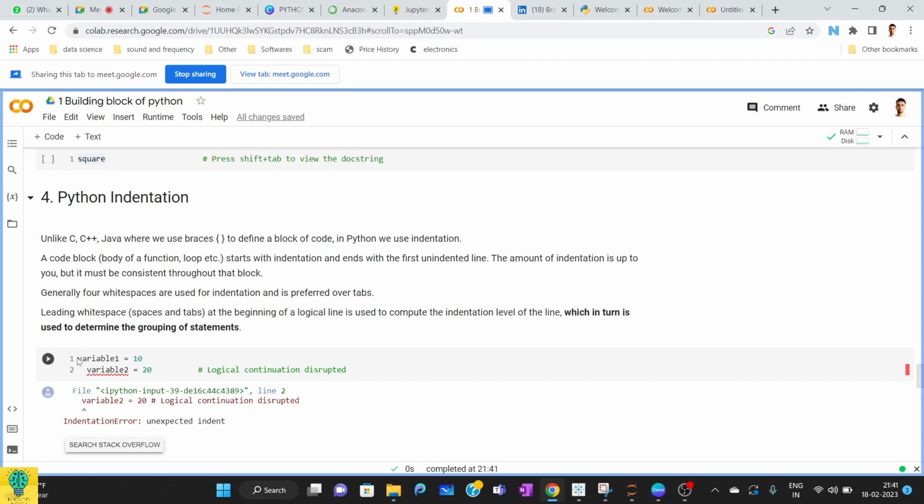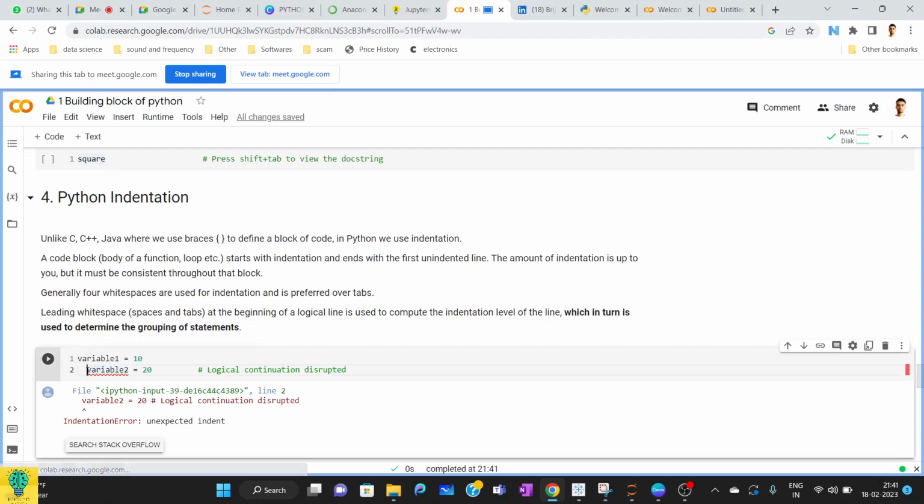You see, this variable is written very close to the start point, and this second one is written with some gap. What we have is one, two gaps, and gap means spaces, and then the variable. In Python, you have to indent or put some spaces to make a block of code. Let me show you.